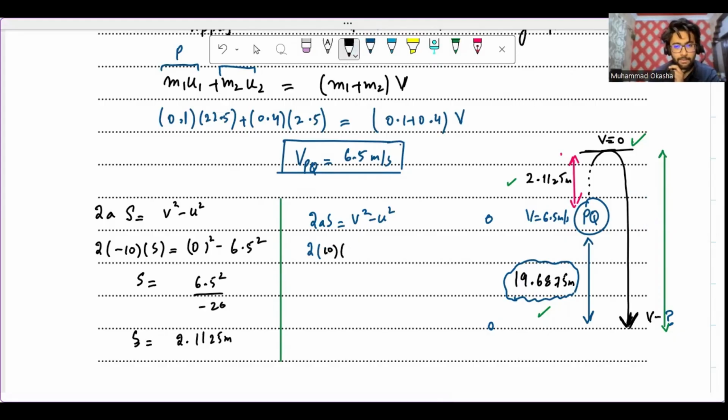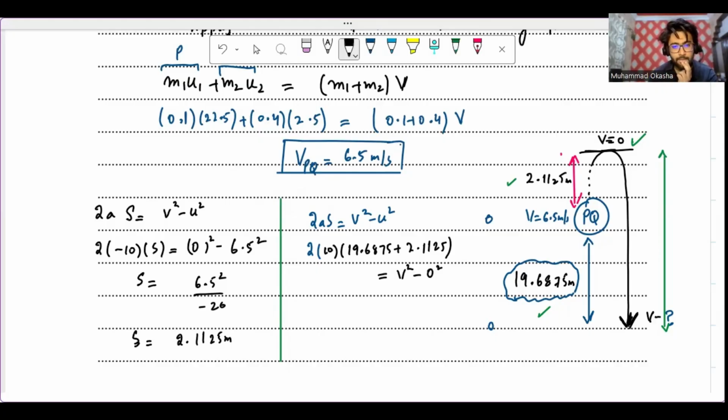S would be the amount of distance, which is 19.6875 plus 2.1125, because that's the distance that it traveled, equals v squared. This is what we need to find out. And initial velocity at the top is 0.